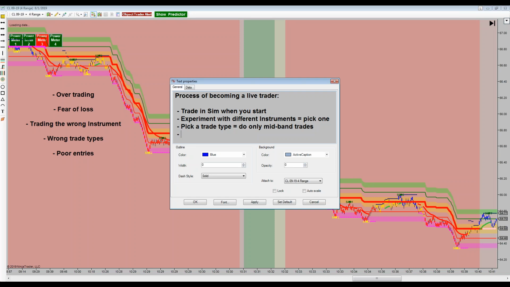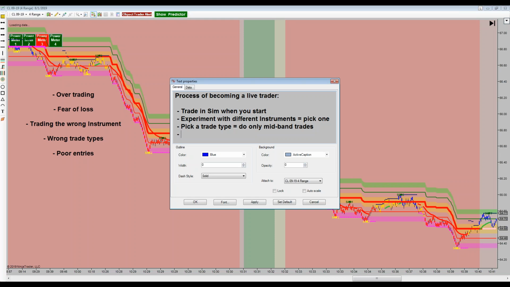Anybody? Have a venture a guess? You just gonna wake up one day and say, well, I've been feeling pretty good about my trades lately. I think I'm doing okay. Maybe it's time to go live. Now you might laugh, but there's a lot of traders that do that, and that's how they do it.